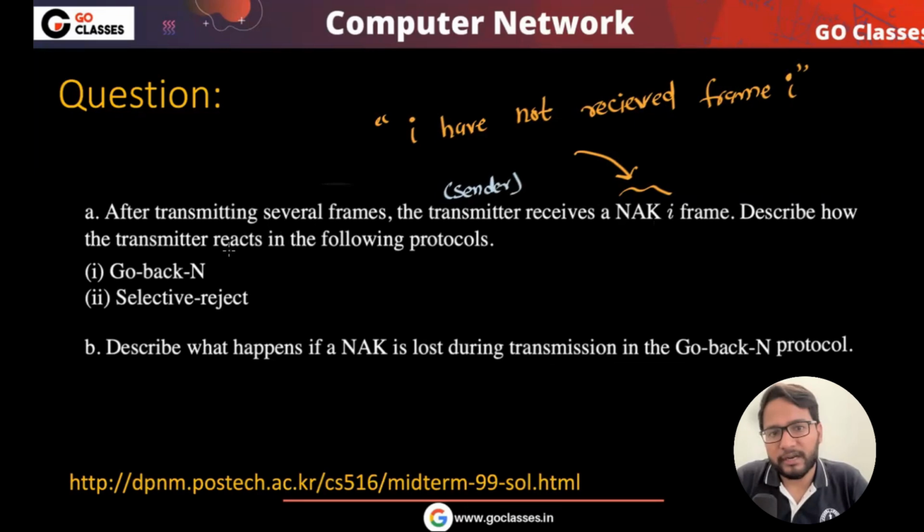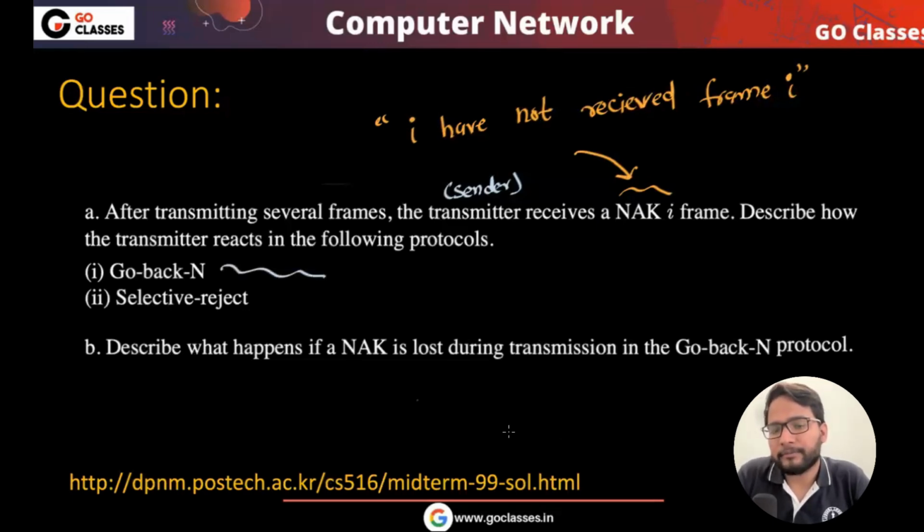Describe how that sender reacts in the following protocols. In go back N, what will it do? And in selective reject, also called selective repeat, what will it do? In go back N it will send all the packets from I to the whole window. How many packets will it be retransmitting?